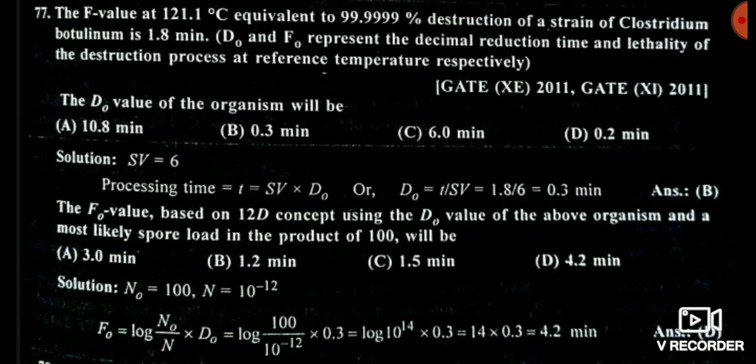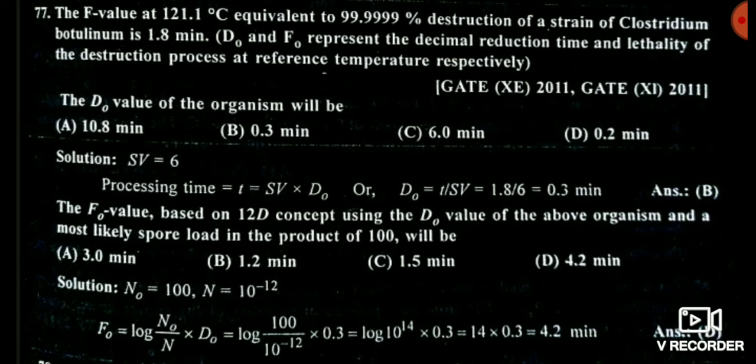So log base 10 cancels and you get 6, that is the sterilization value. So this formula is a shortcut, a derived one. If you want to remember it, you can, otherwise you can go by the basic one. I think the basic one should be most preferable.